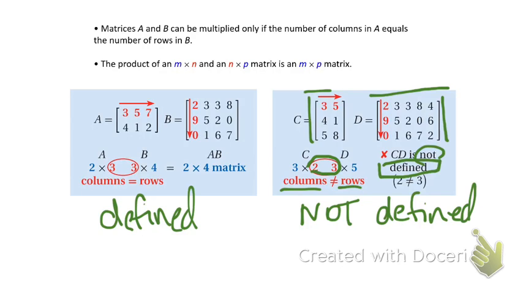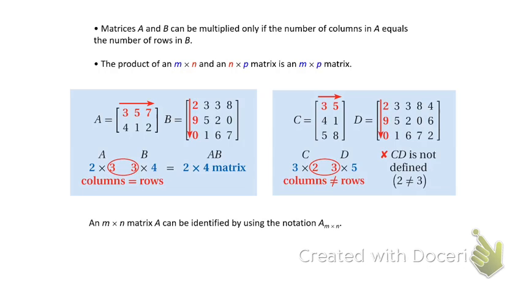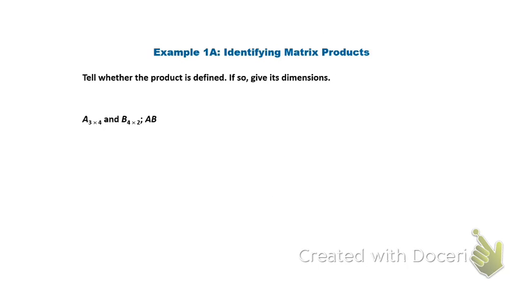So we're just going to look at a few examples of this. All right, we have A and B. A is a 3 by 4, and B is a 4 by 2.